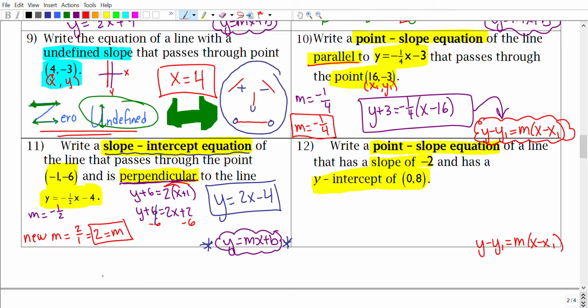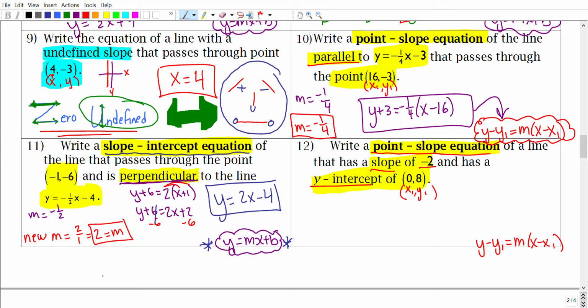But because of the information we're given, a y-intercept and a slope, we think, well, maybe we should write it in slope-intercept. Well, that's not what we want. We want point-slope. So instead of thinking of this (0, 8) as your b, think of it as your x1, y1.